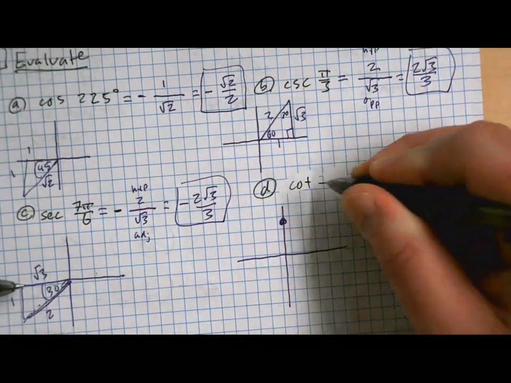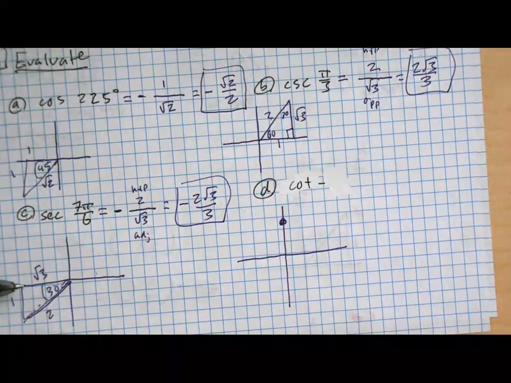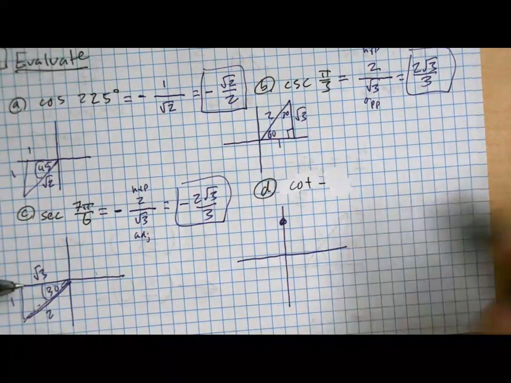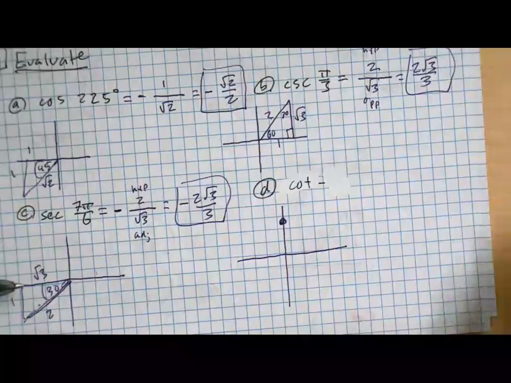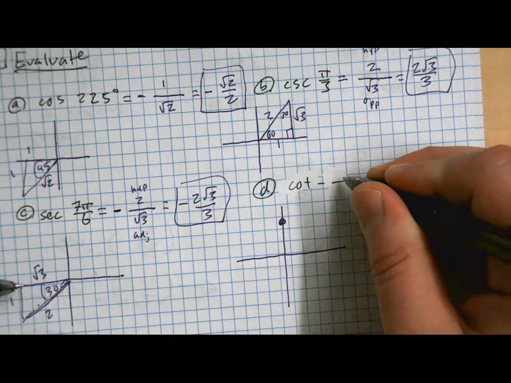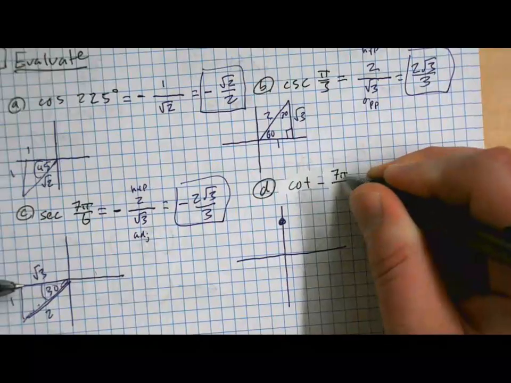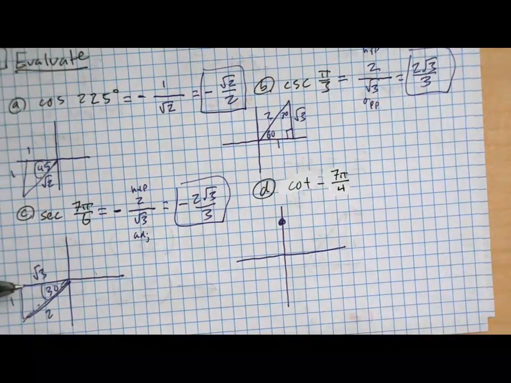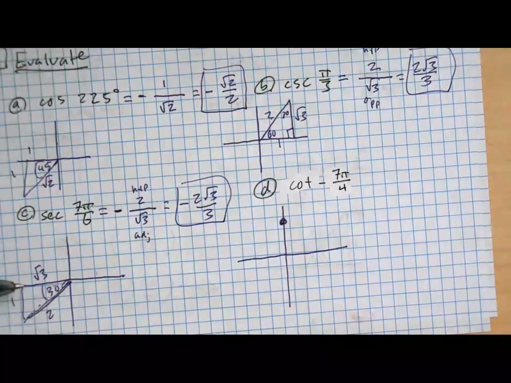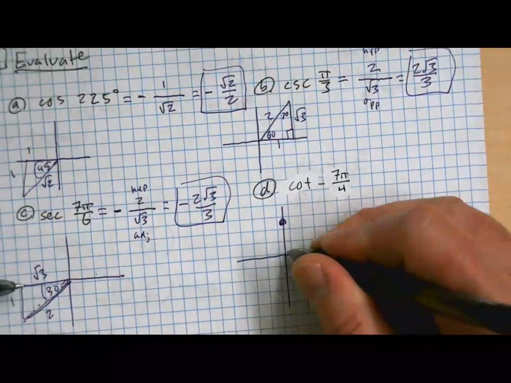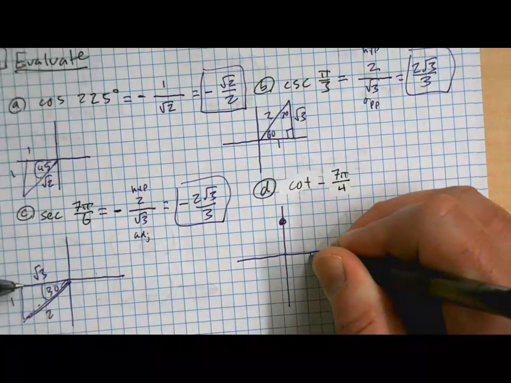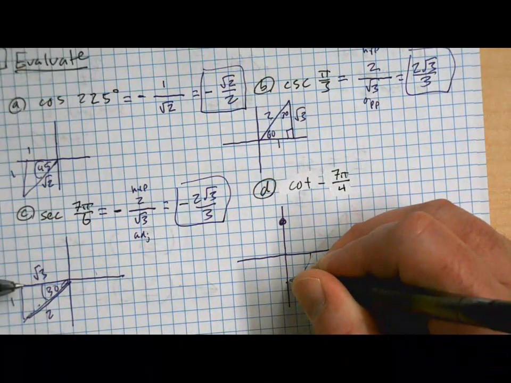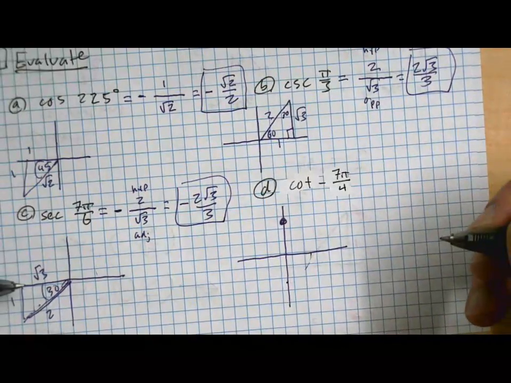Cotangent of negative, let's see, let's do a 45, 45, 90, negative 7 pi over 4. Let's see.